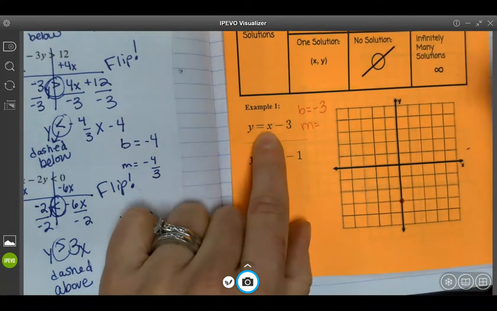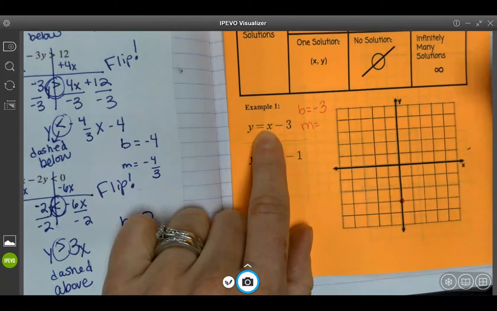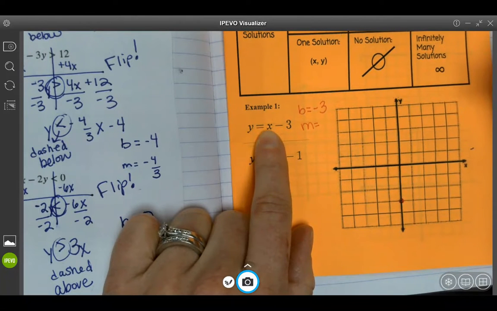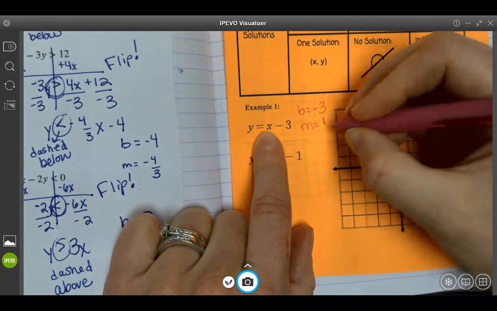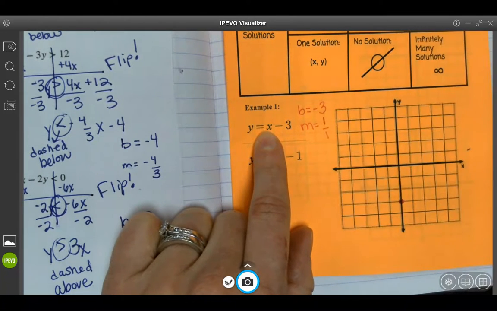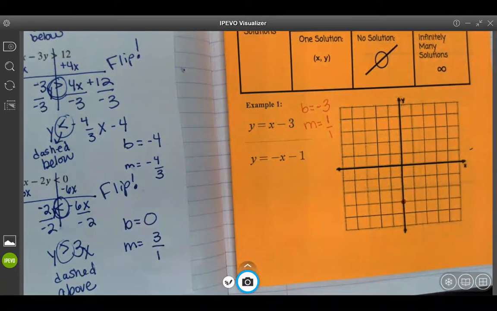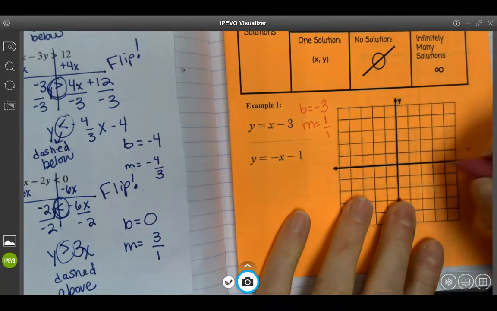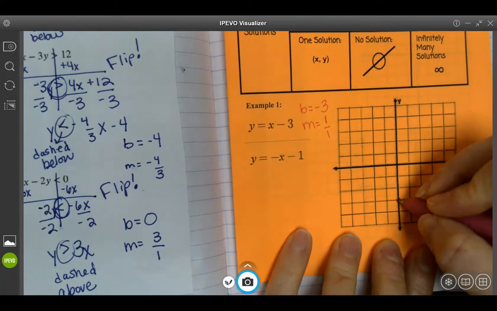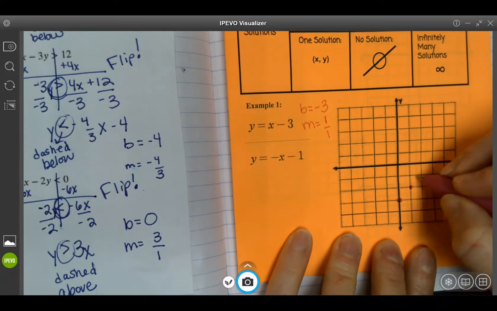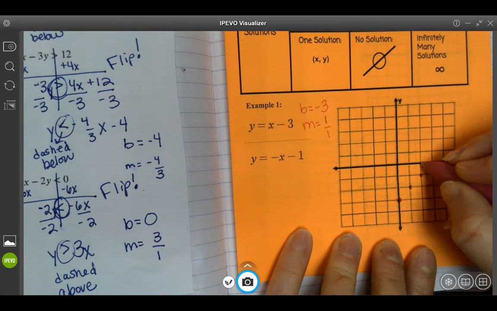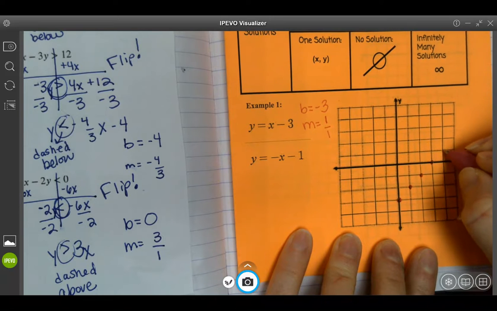It's the number in front of x. There's nothing here, so the only thing that would be in front of x would be 1. But slope is rise over run, so it's 1 over 1. So start at the negative 3 and go up 1 over 1. Up 1 over 1. Up 1 over 1. And continue.